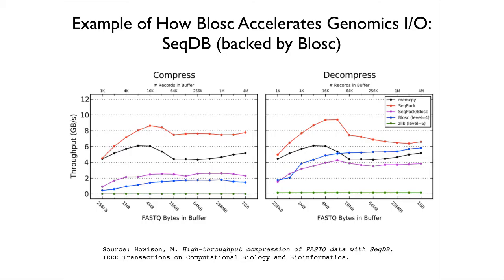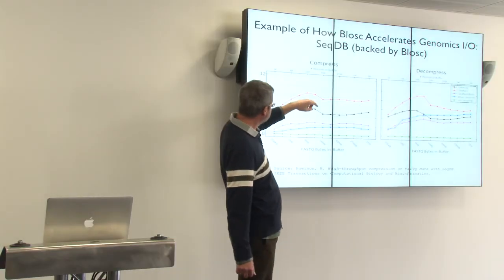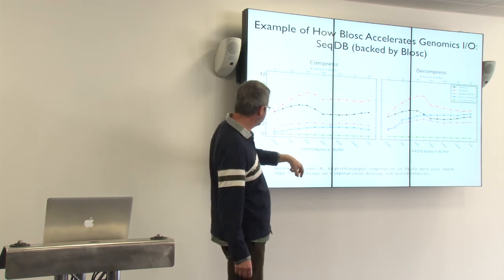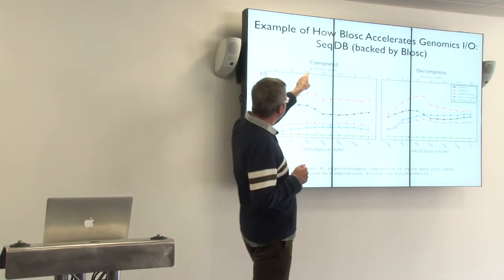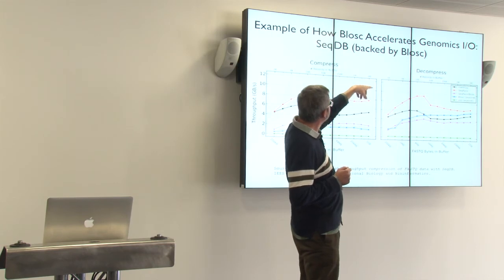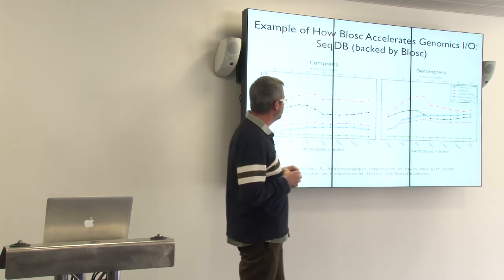Here is a first example of how Blosc can accelerate things in genomics, for example, doing I/O in genomics. There is a guy called Mark Howison who made SIGDB, which is a format and a library to do input-output and to do queries in genomics. And it happens that SIGDB is backed by Blosc.